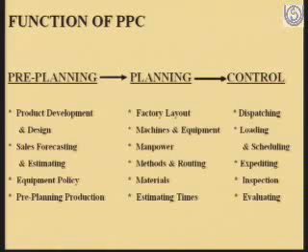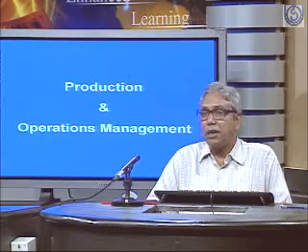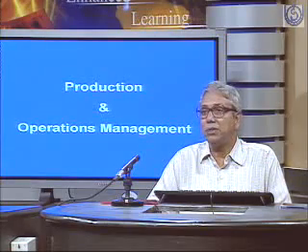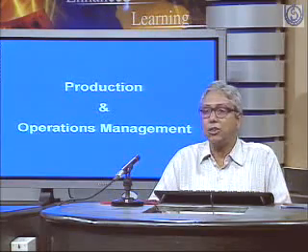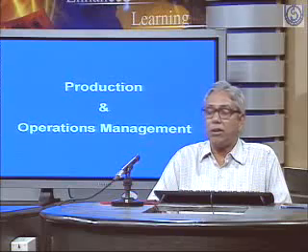Then comes the planning. Factory layout: how the whole factory will be laid out for the product. Factory layout means for the whole factory, how the different departments will be at different places. Now inside the department, how the machines will be laid out. All these things are incorporated in the factory layout.